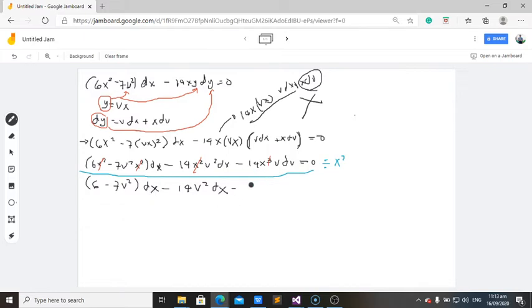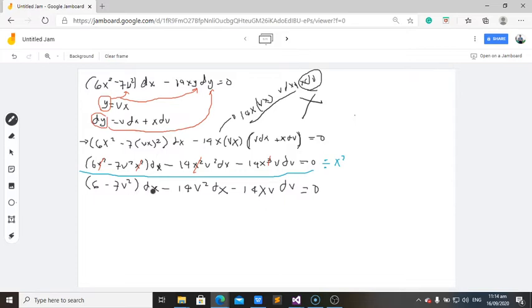So minus 14xv dv. Okay, so muna siya, no? dv equals 0. So muna siya mabili, no?